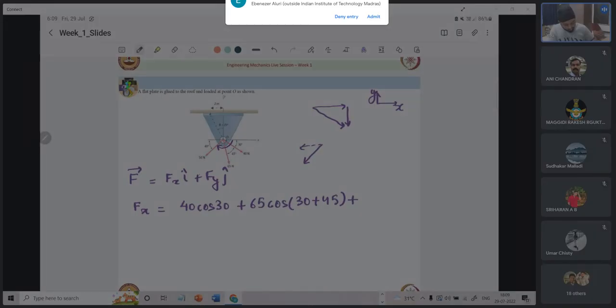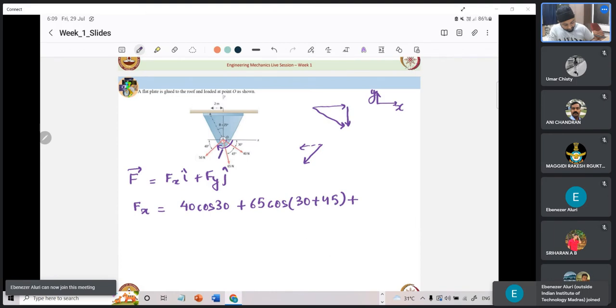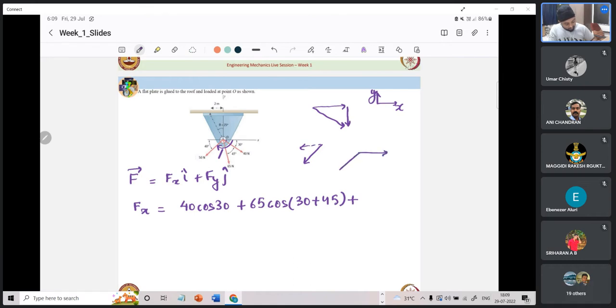What will this angle be? If we see, this is the x axis and we have been given that this angle is 40. So naturally this is 140. So plus 50 cos 140. As an alternative to this, we could have also written minus 50 cos 40.